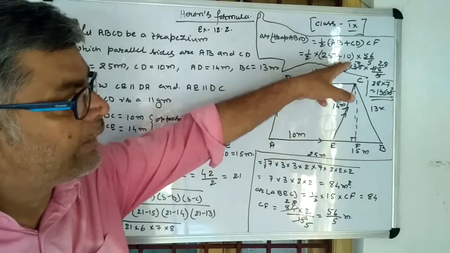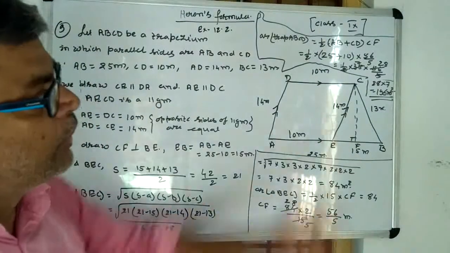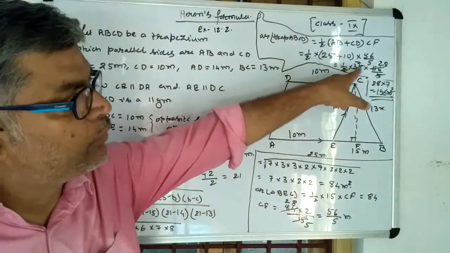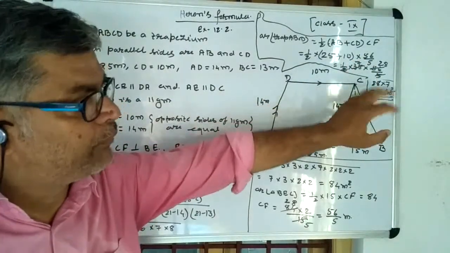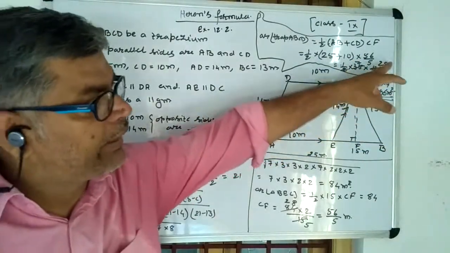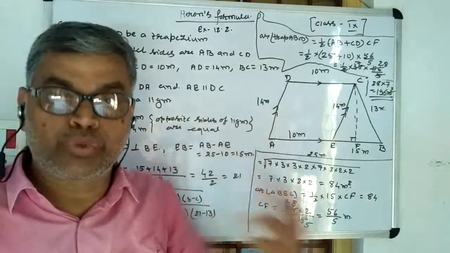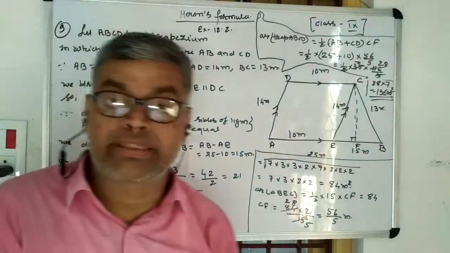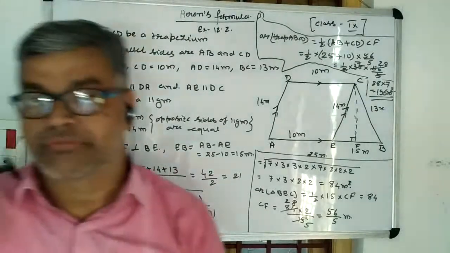So half into 25 plus 10 into 56 by 5, so 25 plus 10 will be 35, so it will be half into 35 into 56 by 5. 5 7s are 35, get cancelled, and 2 28s are 56. So we finally are left with 28 into 7. So after multiplying it, we got 196 meter square is the area of this trapezium field.